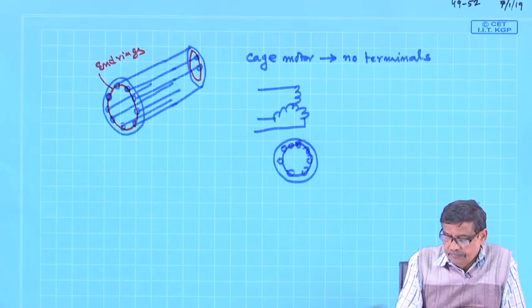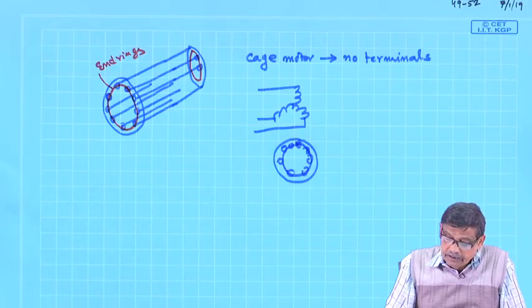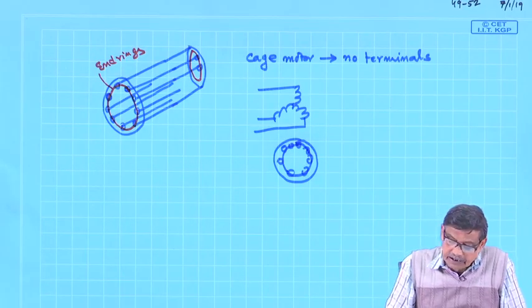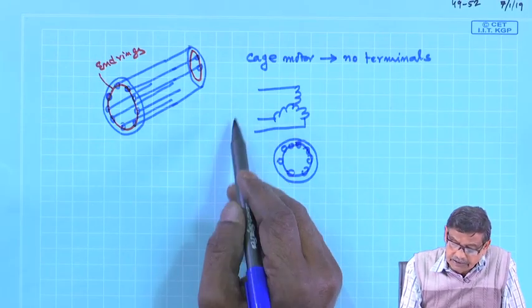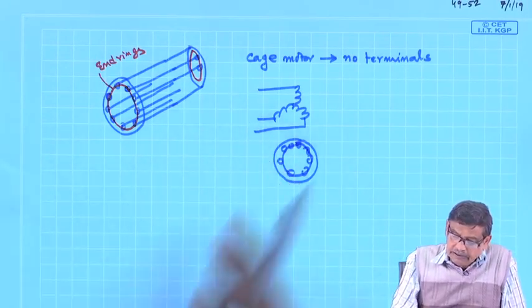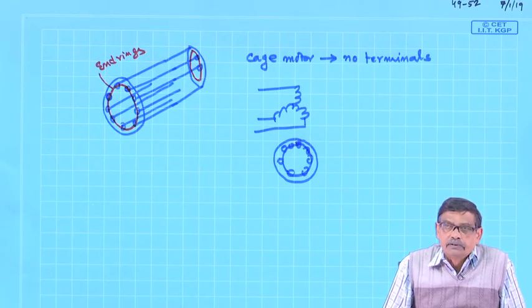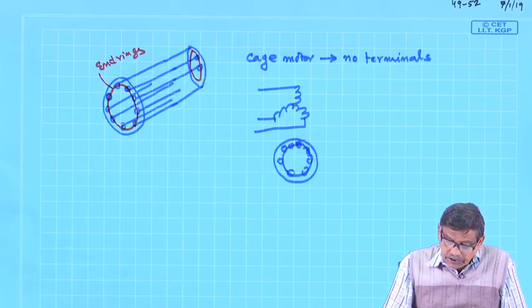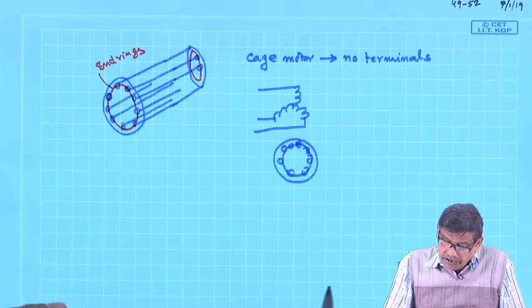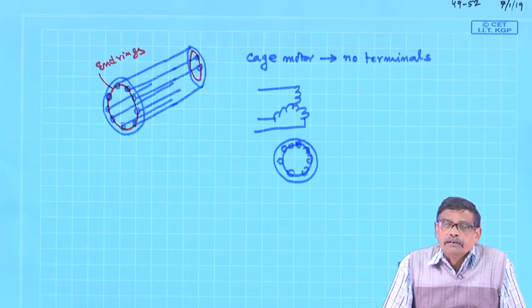That is all, no rotor terminals. Now, as an observation I was telling you, if you supply the stator coils, you will find the rotor starts rotating. Now, the question is how it starts moving.